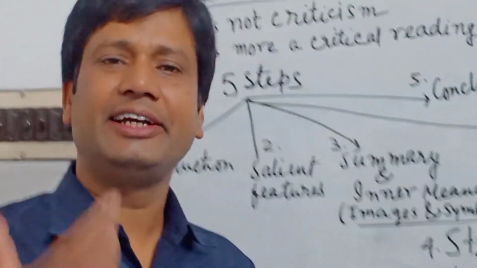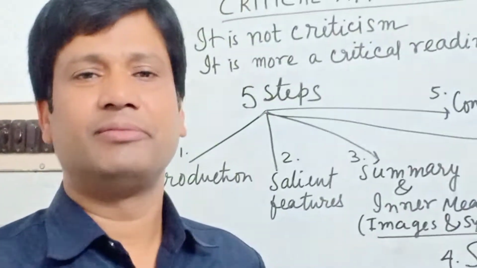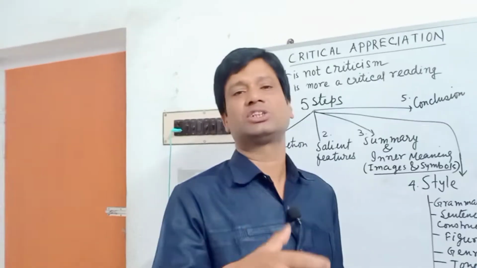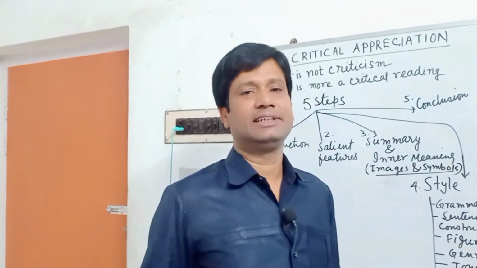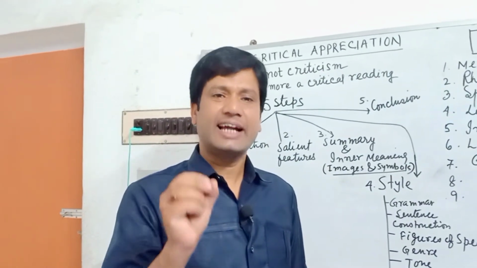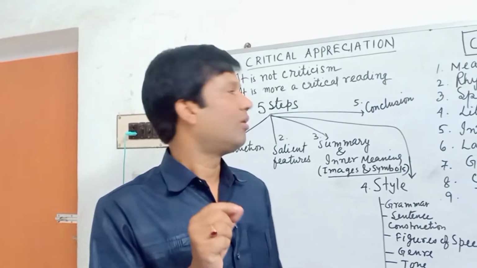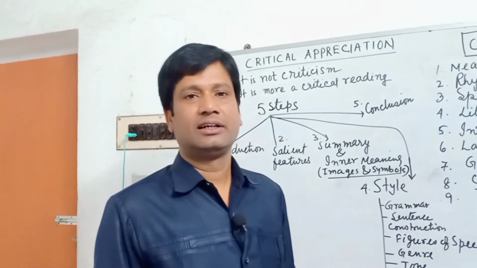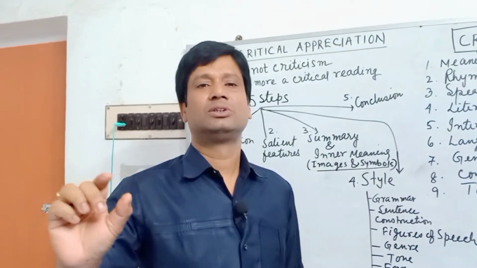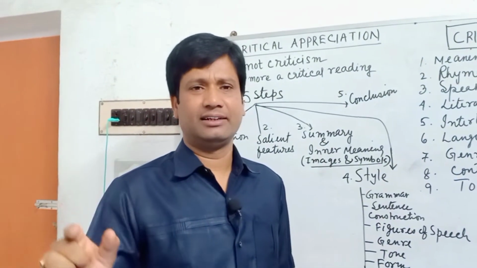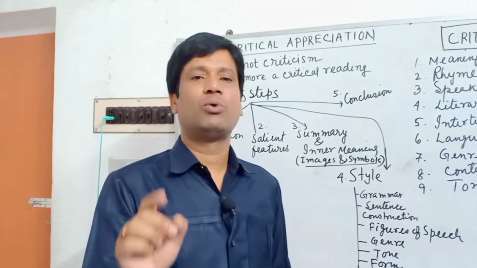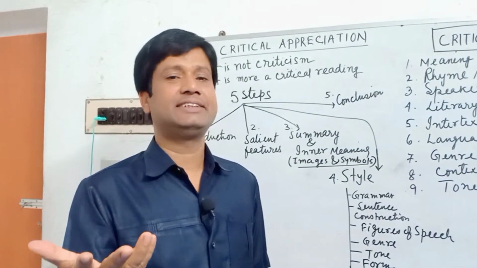The critical reading may be of poetry, maybe of drama, maybe of novel, maybe of short story or an essay. But the university very often sets the question on poetry. As for example, write a critical note on Ode to a Nightingale, or write a critical appreciation on the sonnet One Day I Wrote Her Name by Spenser.